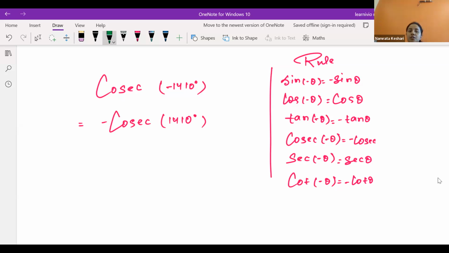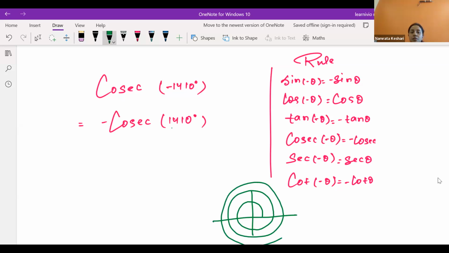Again, I am drawing the same quadrant and I am just moving and moving. One round, still so far. Two rounds, still so far. Three rounds, let me check, 360 into 3, still so far.